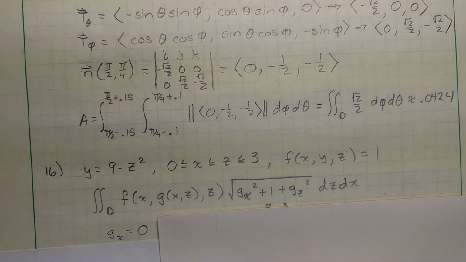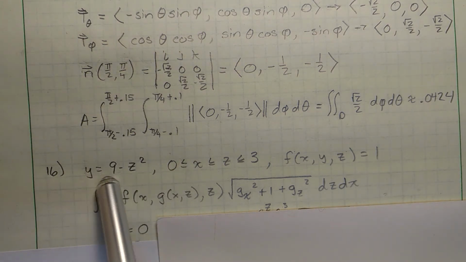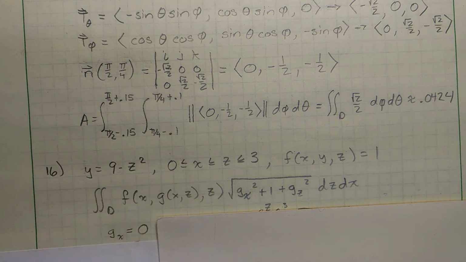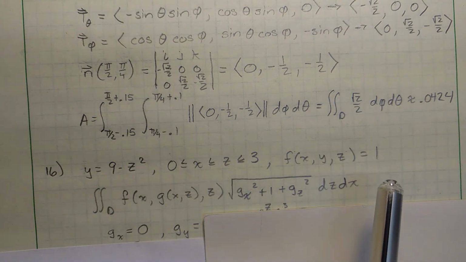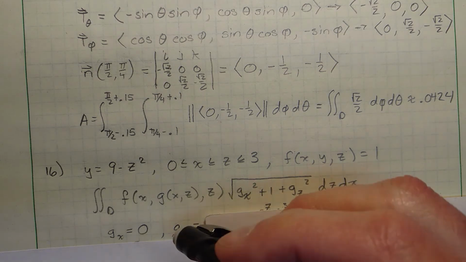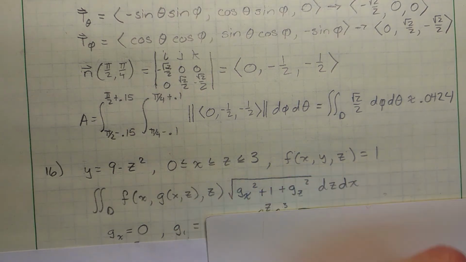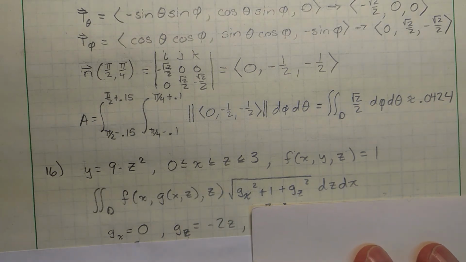First we get our partial with respect to x, which is just 0. Notice this is our g of x, z right there for y. And our partial with respect to y, I wrote that down. Partial with respect to z is negative 2z.